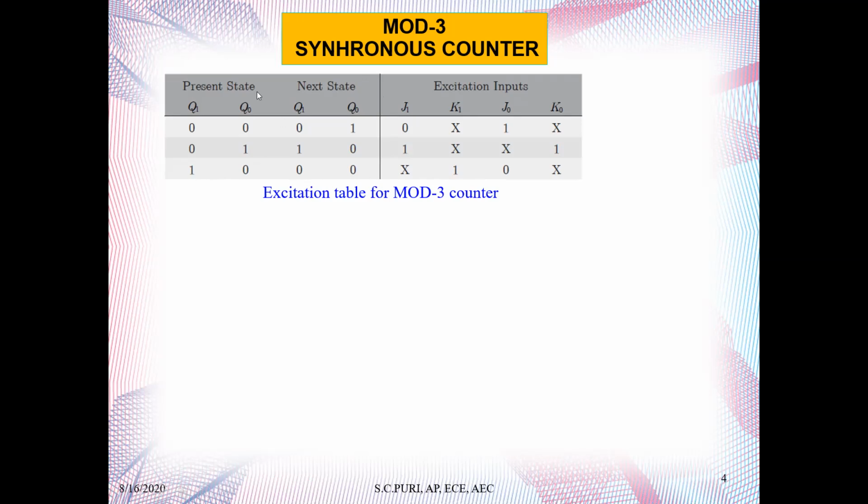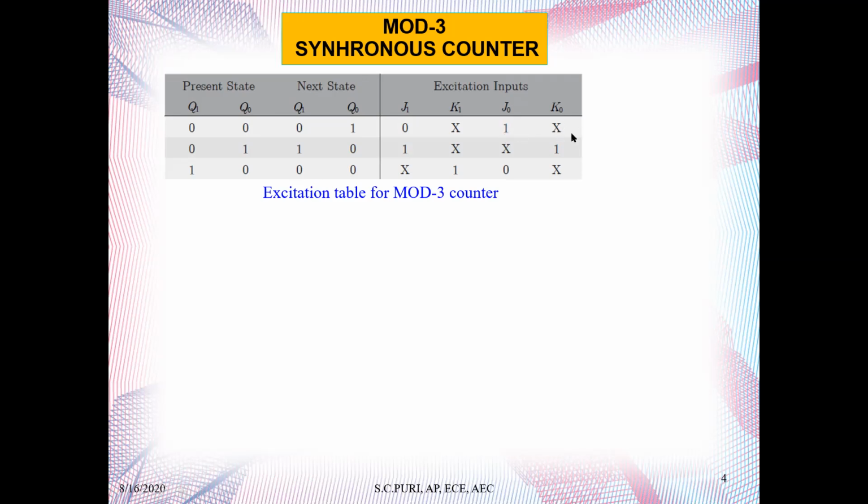Now let us go for the second flip-flop. You see here, present state is Q0, next state is Q0. So you can see here, the change is from 0 to 1. So 0 to 1 is valid if it is in toggling mode or it is set. So that means either it is 1 1 or 1 0.